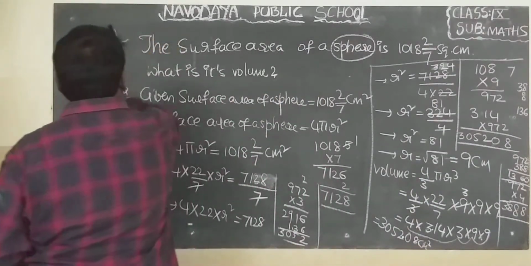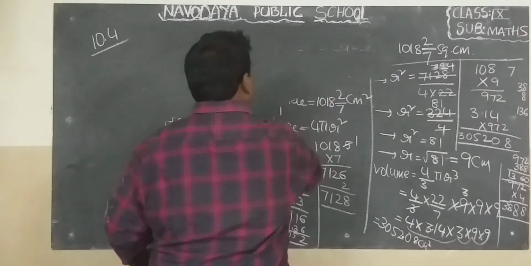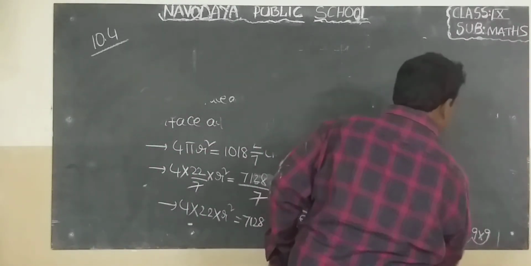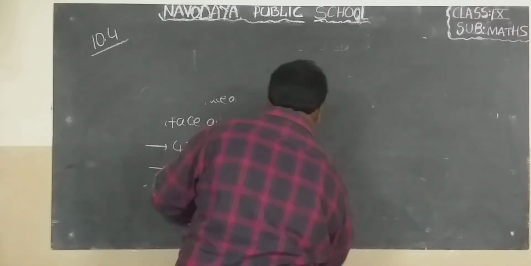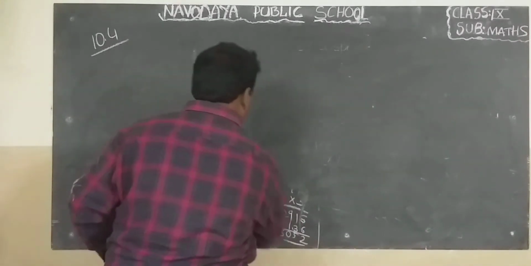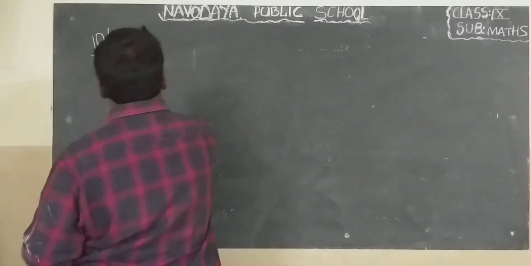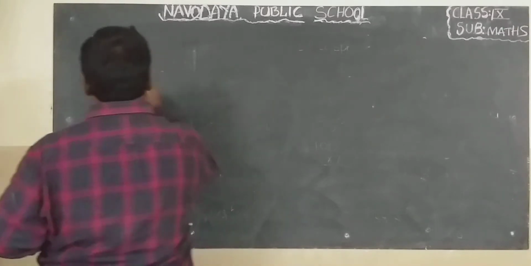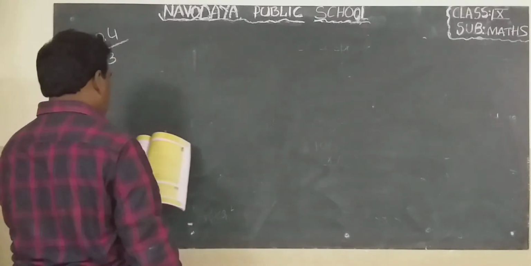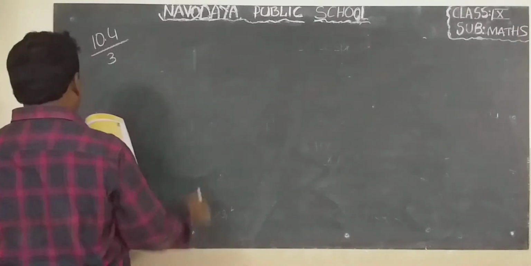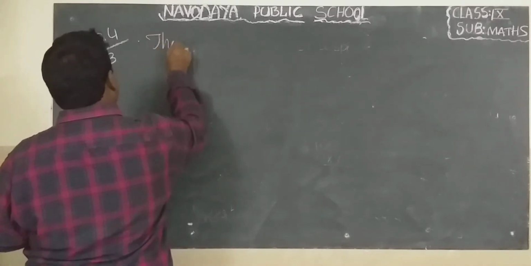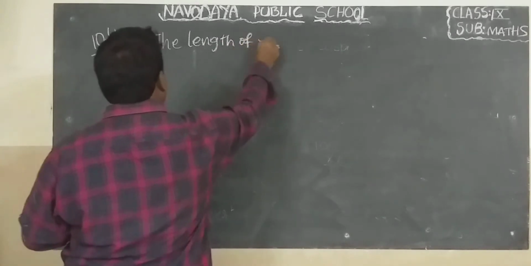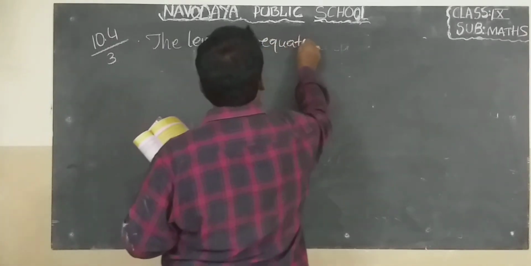Now write down problem number 3. So 10.4, problem number 3. The length of the equator of the globe is 44 centimeters.